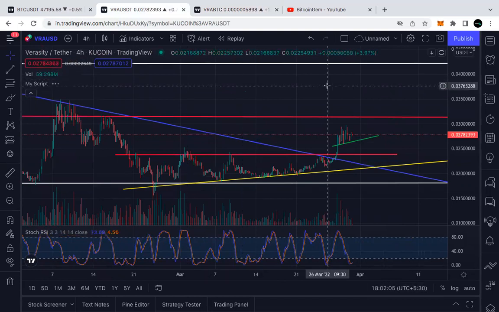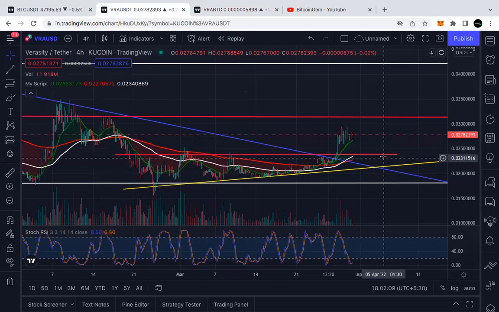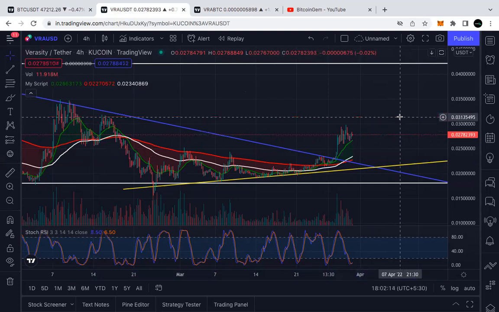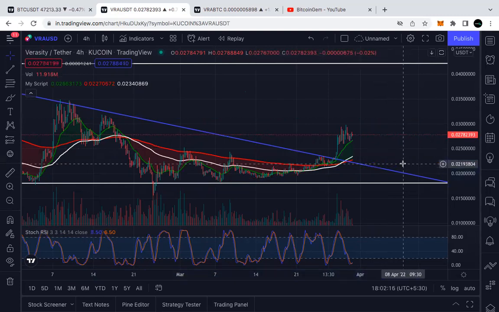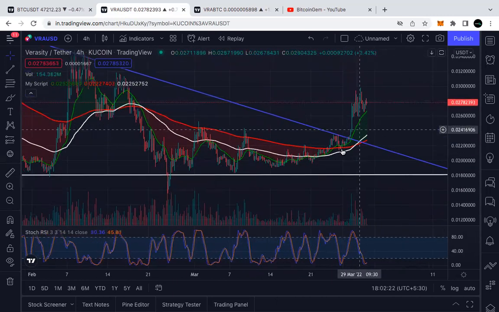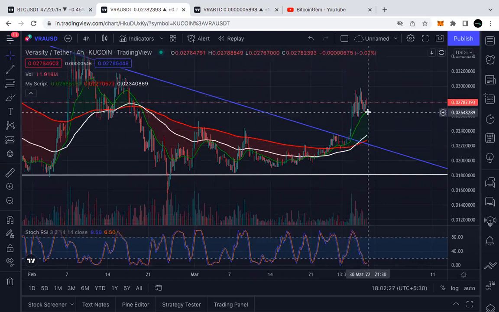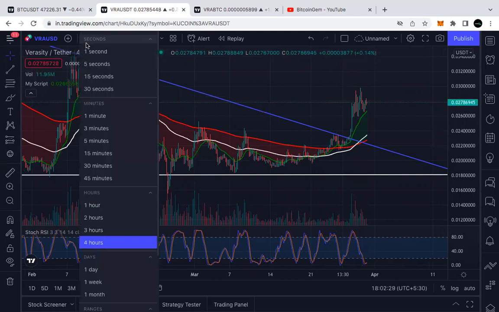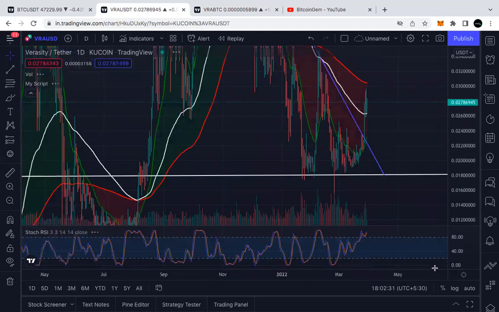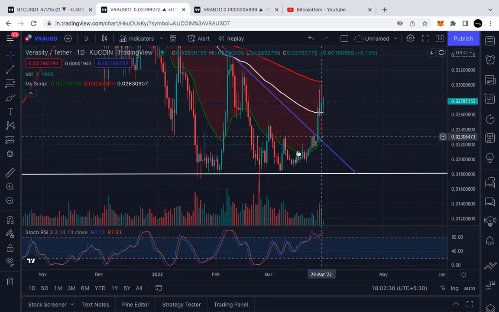Similarly, if we look at the VRA USDT chart, let me get rid of these trend lines and just purely look at our EMAs. Just look at this. On this 4-hour chart we are getting support from 21 EMA that is highlighted in the green line. If you look at the daily, again on the daily we have bottomed out.